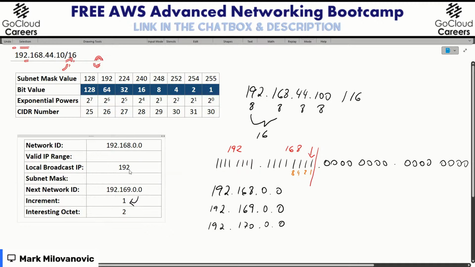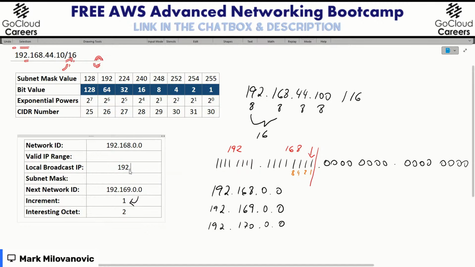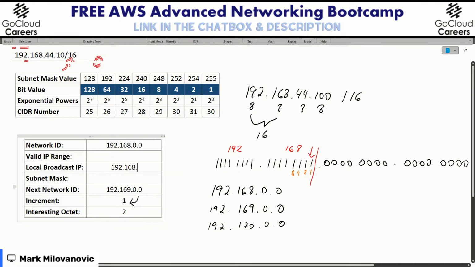The first octet wouldn't change, but my second octet would. I would go back to 168. And then what would happen to these? If I go from 0 back 1, what is the next largest number based on these values that I can calculate if all the bits are turned on?